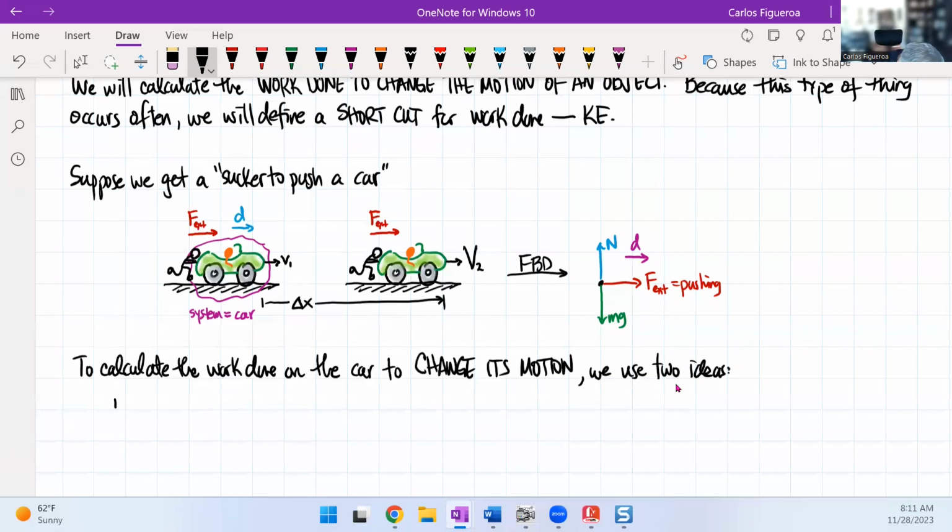The first idea is Newton's second law, which says that the external force is equal to mass times the acceleration.